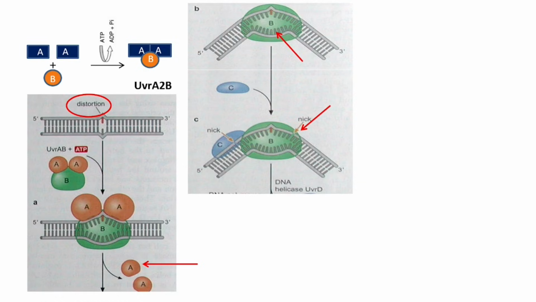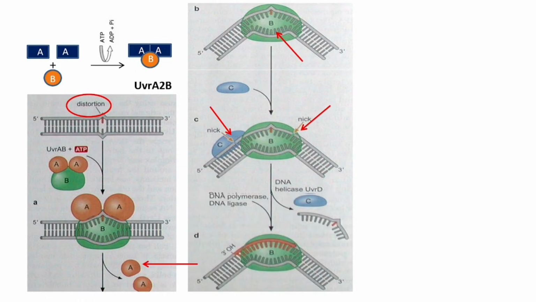This causes the DNA to straighten up. This conformational change causes UvrC to bring about a 5' incision approximately 7 nucleotides away from the damage. Thus, a 12 to 13 oligonucleotide is excised.